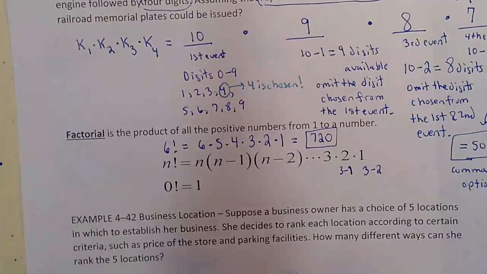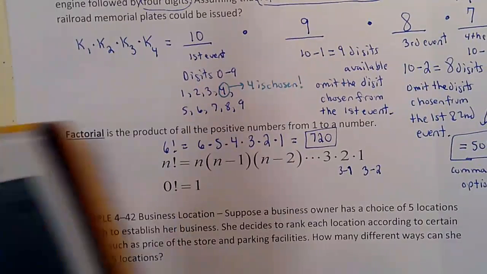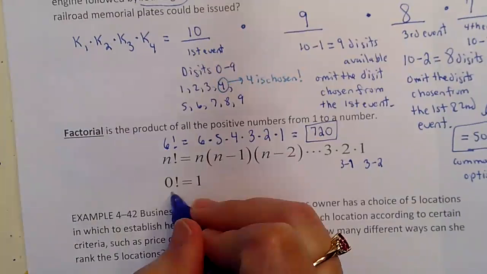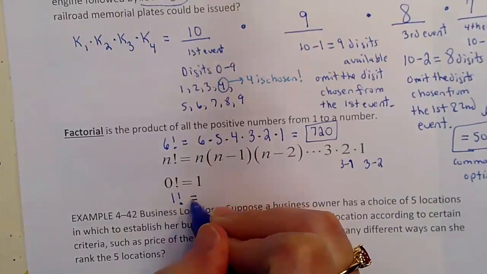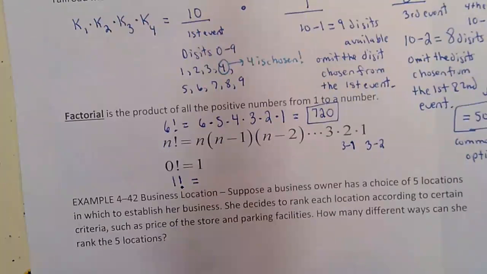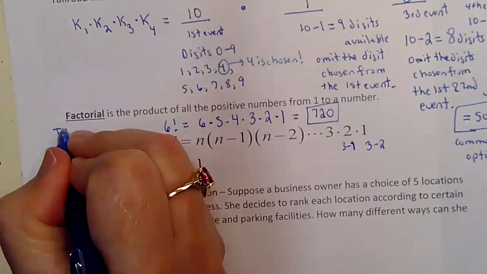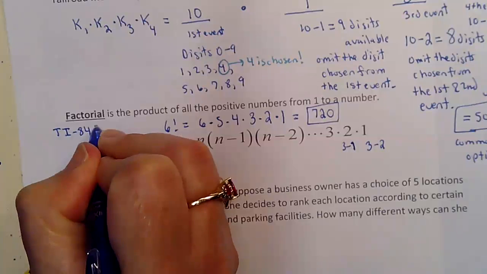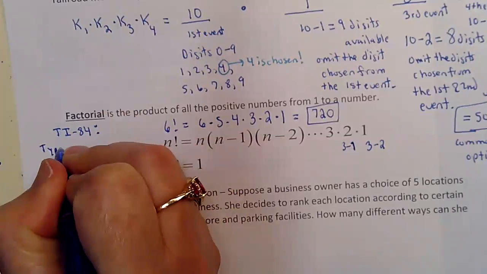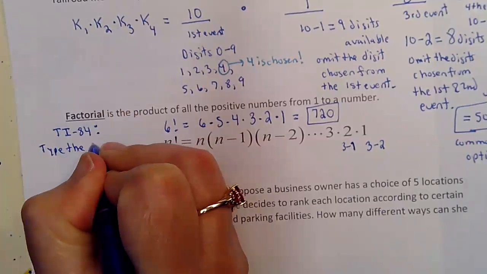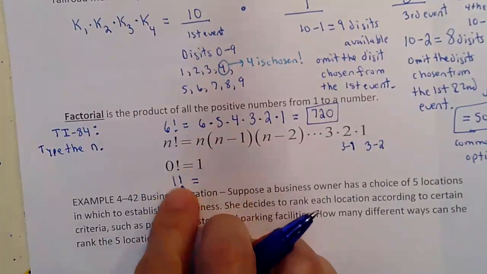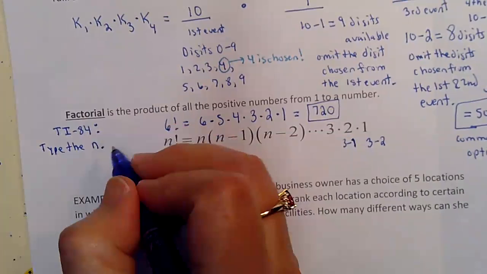Okay. 0 factorial, they're saying, is 1. And then we're going to find out what 1 factorial is. We're going to use a calculator for these. On the TI-84, you want to type the n, whether it be 6 or 0 or 1, the number.